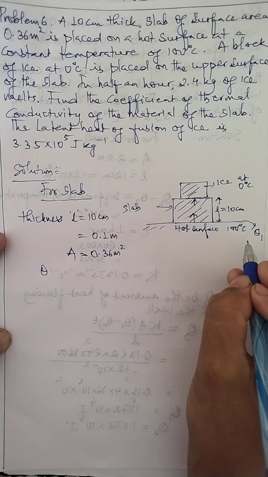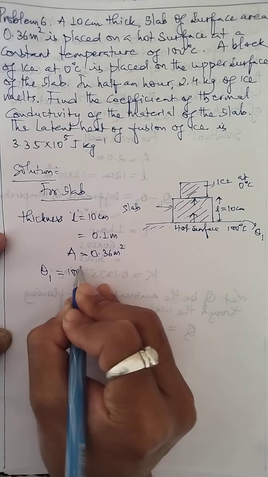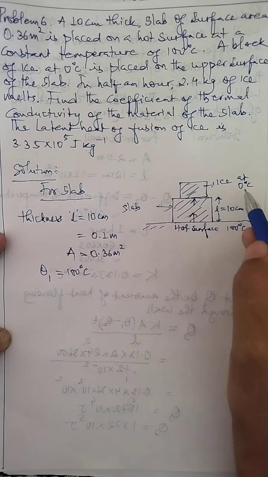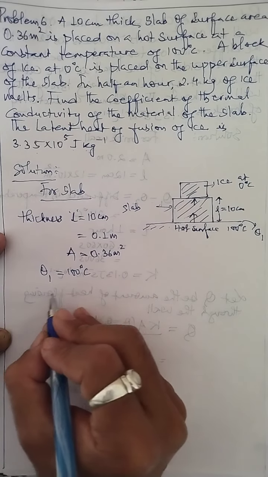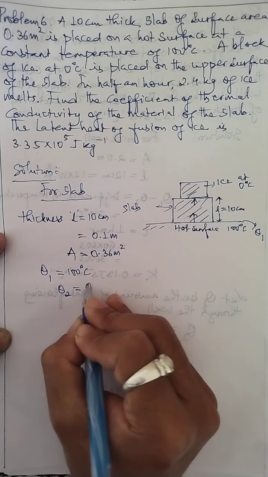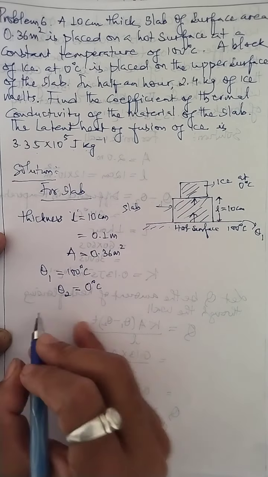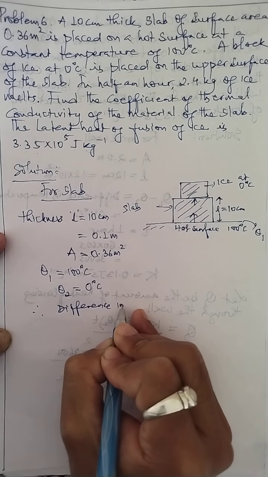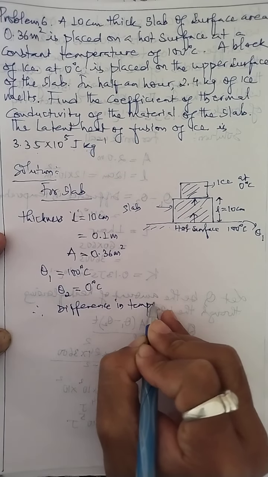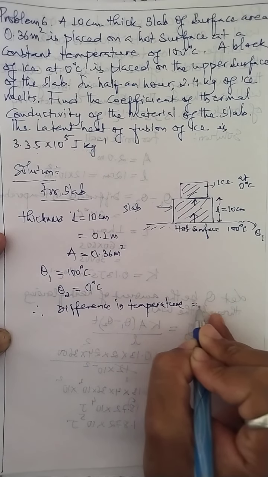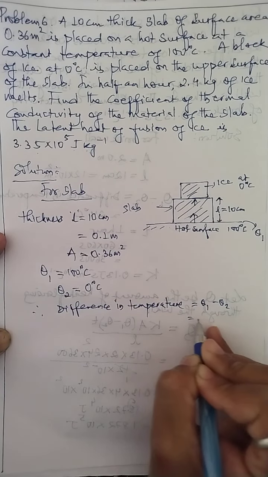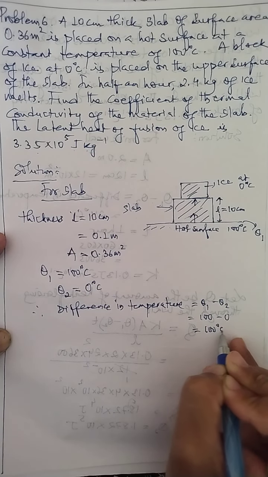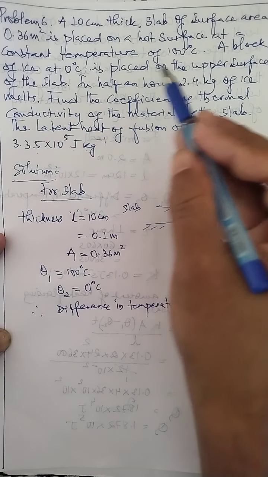The block of ice is placed on the upper surface at 0 degrees Celsius, which is θ2. So there is a difference in temperature, given by θ1 minus θ2, which is 100 minus 0, simply 100 degrees Celsius.